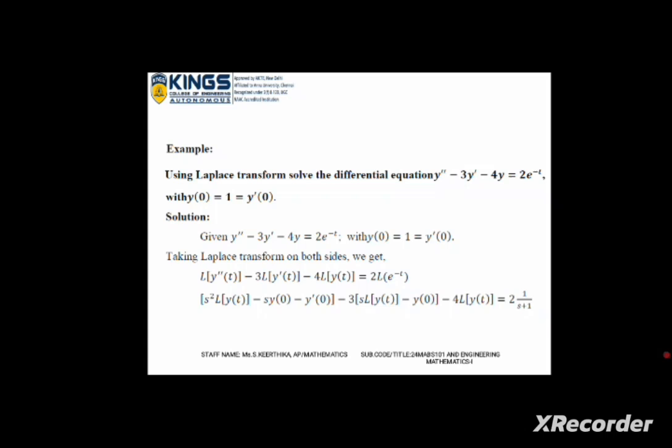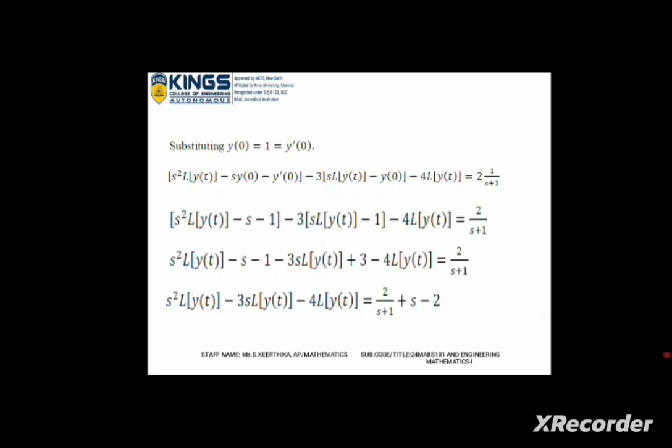Now we have to put these conditions in the equation. See, s squared L of y of t minus s into y of 0. y of 0 has a value of 1, and y dash of 0 also has a value of 1. So we use these two values.